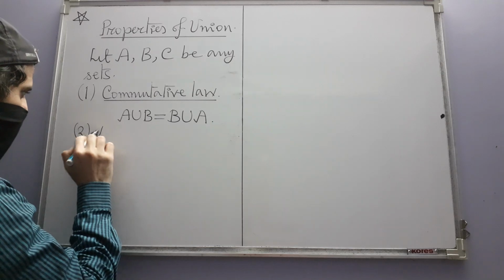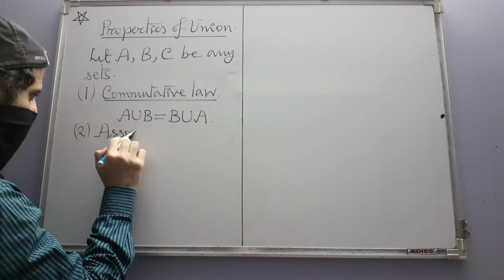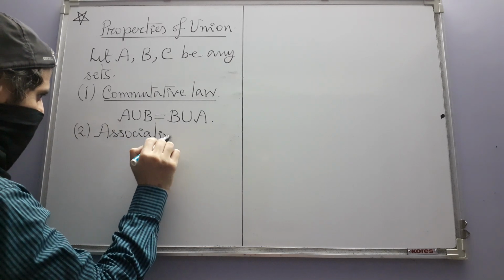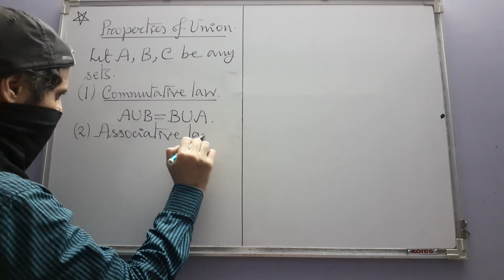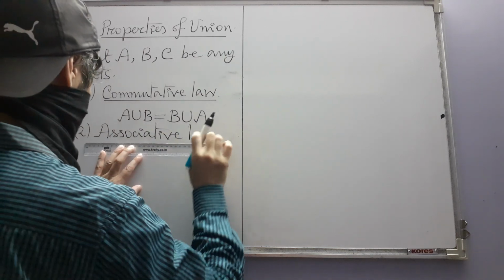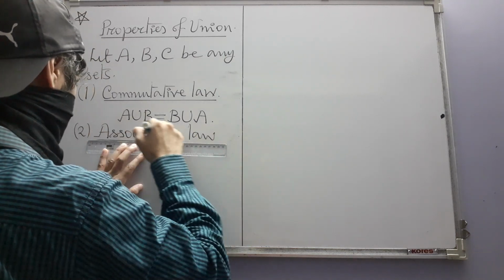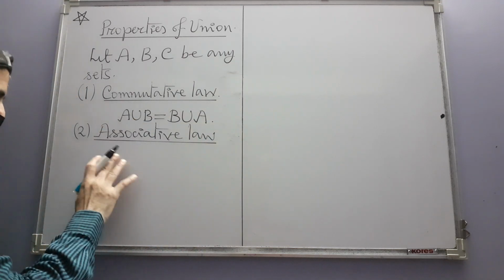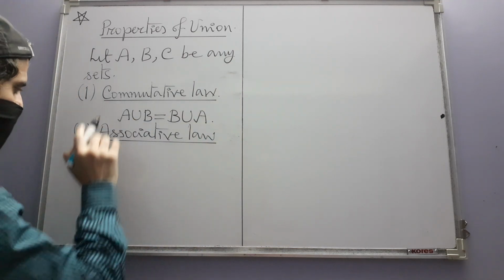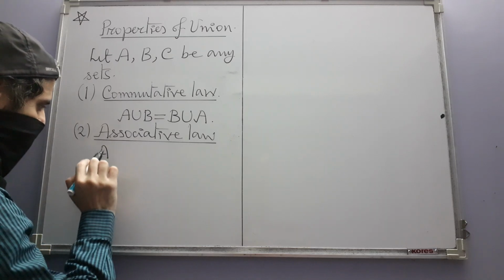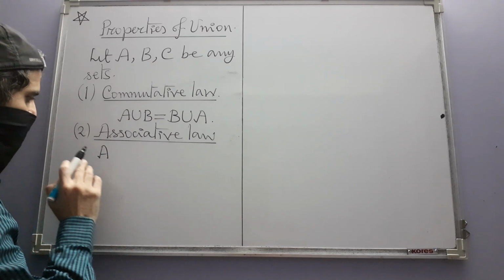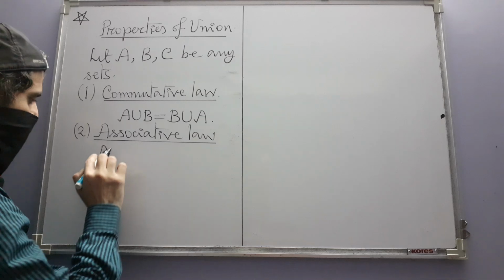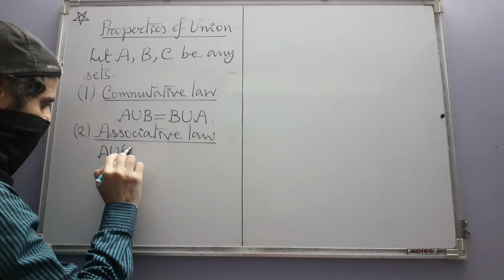Number 2, associative law. This one is not about changing order. We keep the order intact. However, we associate the sets separately, differently.